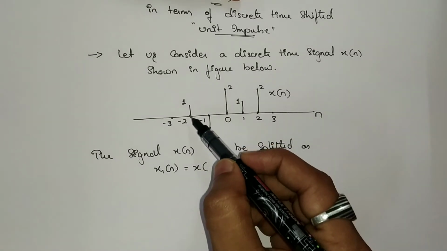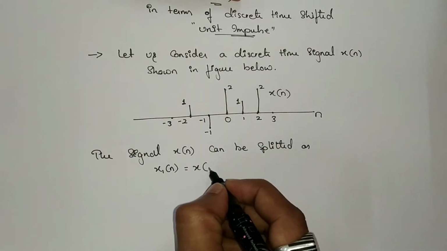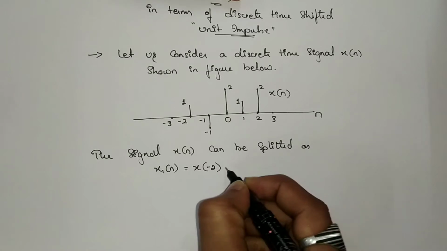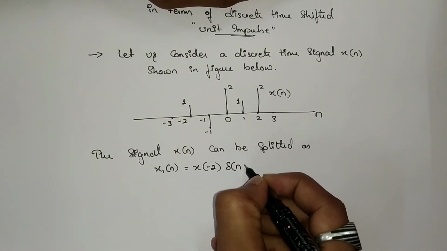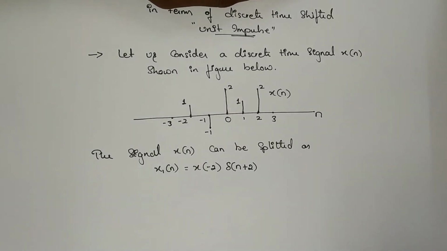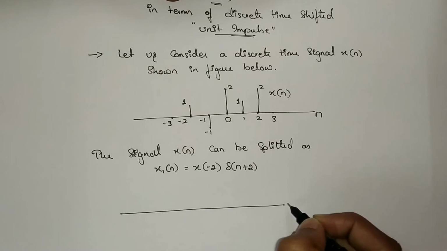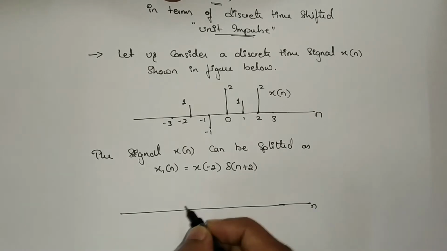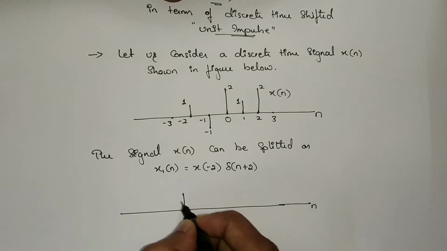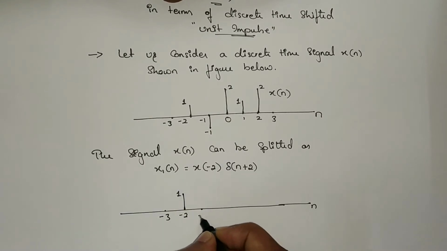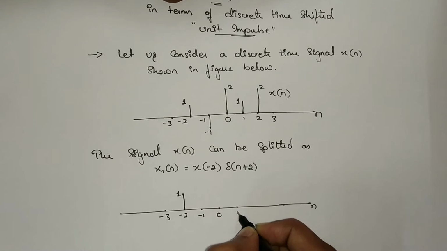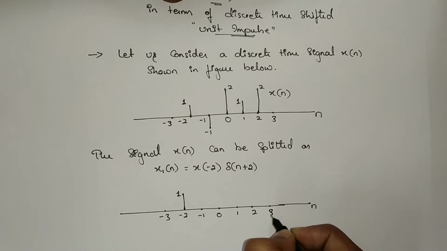The first value is at n is equal to minus 2, so I take x of minus 2 into delta of n plus 2, which can be represented as amplitude 1 at minus 2. This is x1 of n.